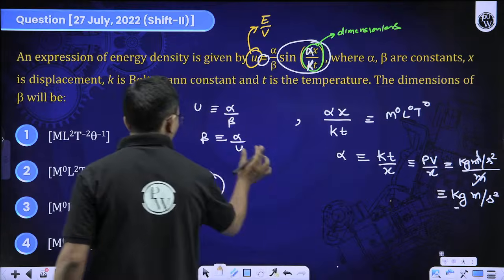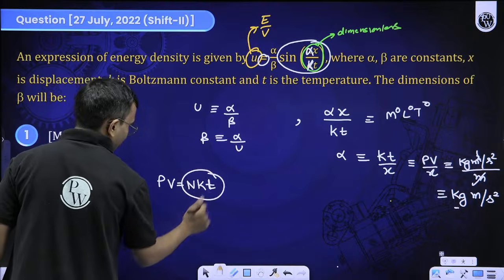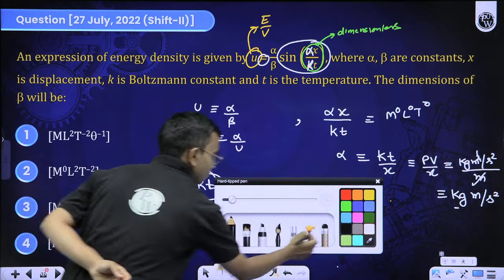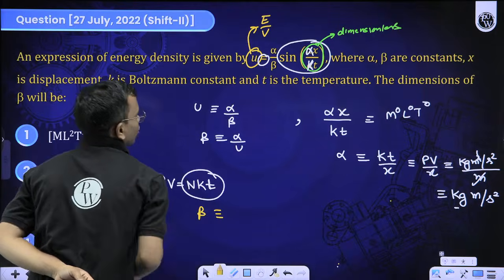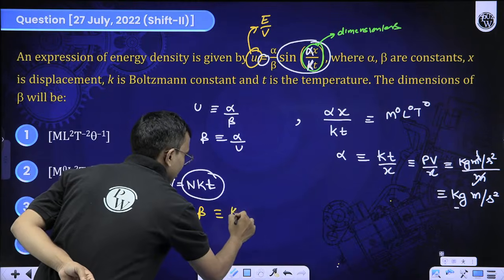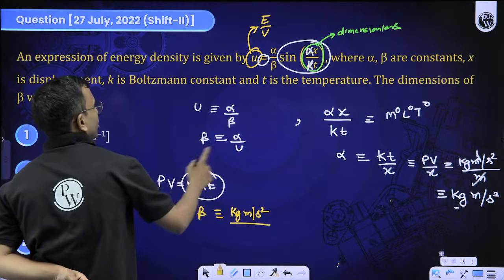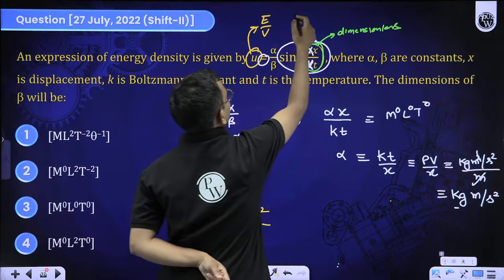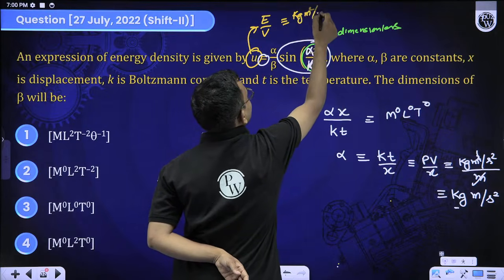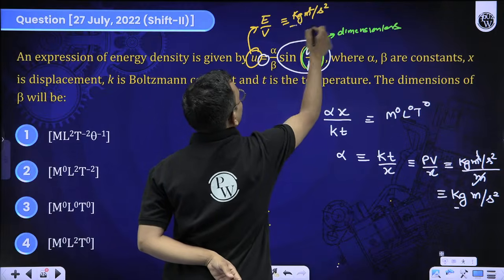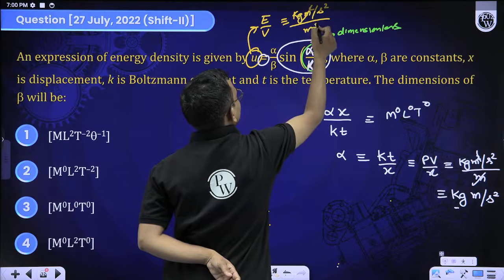Unit of alpha, put it there, put the unit of U, you will get the unit of beta. So let us do that now. From here, the beta unit will be the unit of alpha, that is kg meter per second square, divided by the unit of U, energy by volume. What is the unit of energy? Kg meter square per second square, divided by, for volume, meter cube. This meter square is getting cancelled.